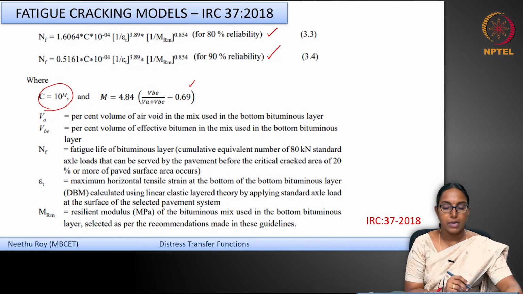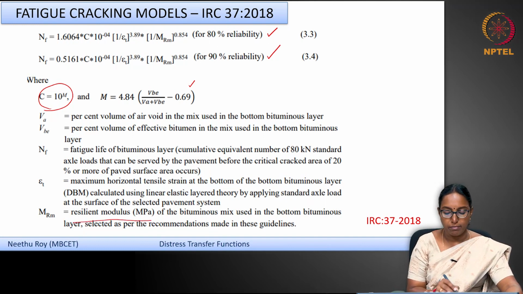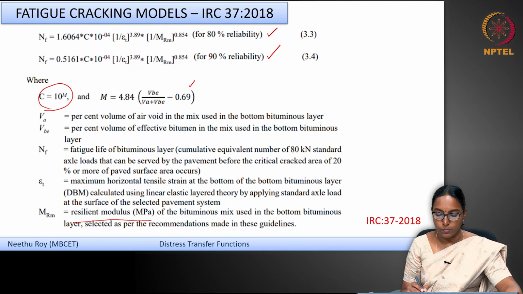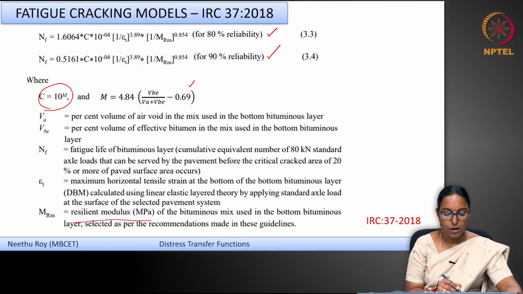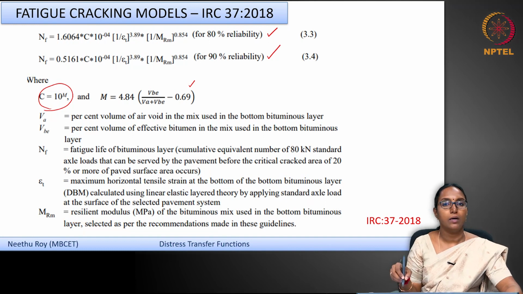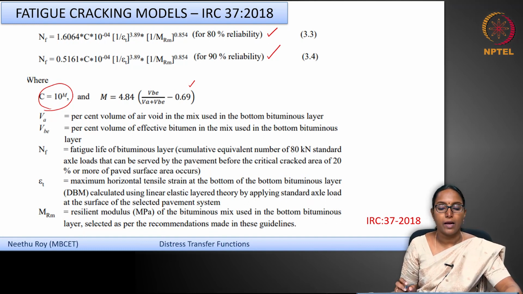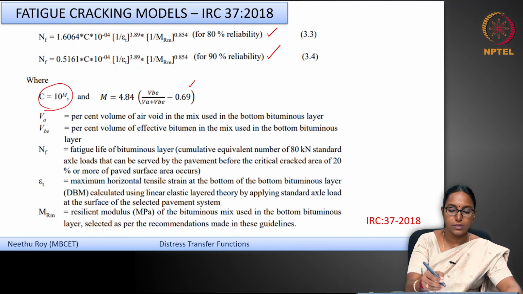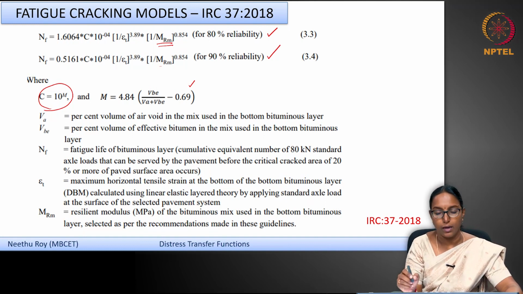MRM here is the resilient modulus in megapascal of the bituminous mix in the bottom bituminous layer, selected as per the recommendations provided in the IRC 37 guidelines. So, you have to find the resilient modulus of the material you are using at the bottom bituminous layer, and that resilient modulus goes in here, denoted as MRM. And for the mix, VBE is the percentage of effective bitumen in the mix.